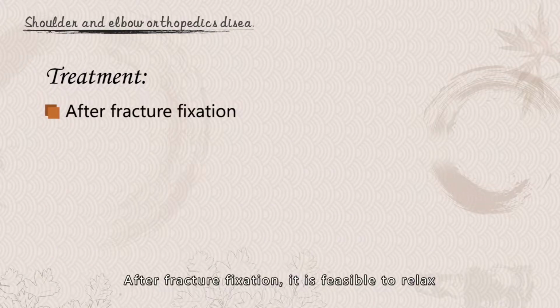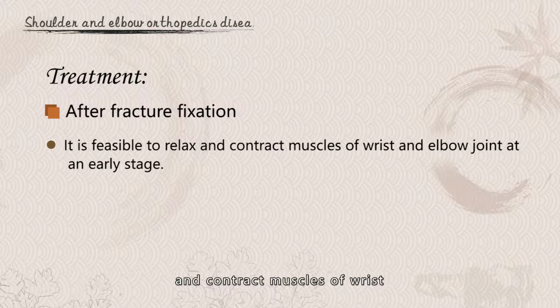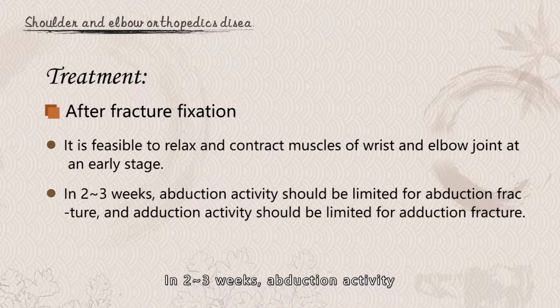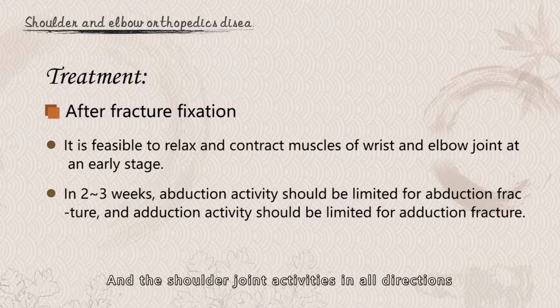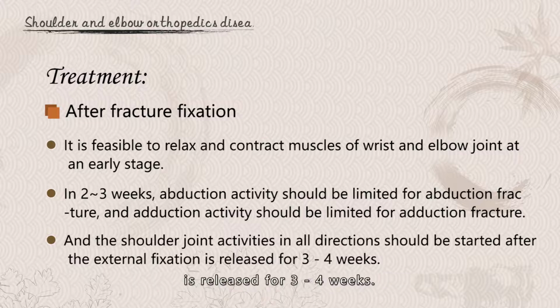After fracture fixation, it is feasible to relax and contract muscles of wrist and elbow joint at an early stage. In 2 or 3 weeks, abduction activity should be limited for abduction fracture, and adduction activity should be limited for adduction fracture.